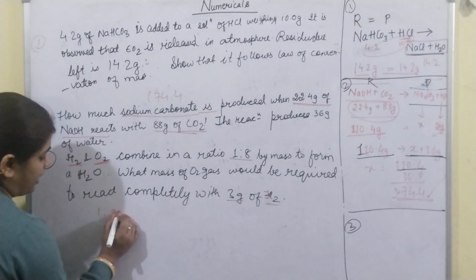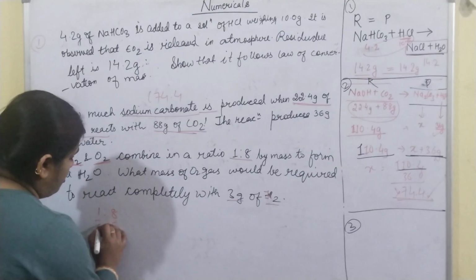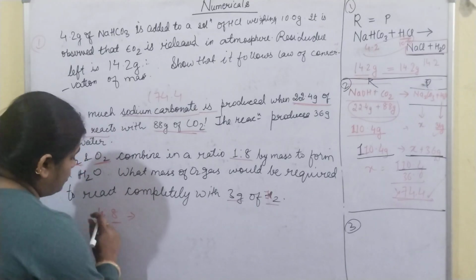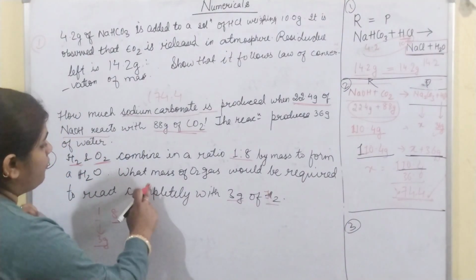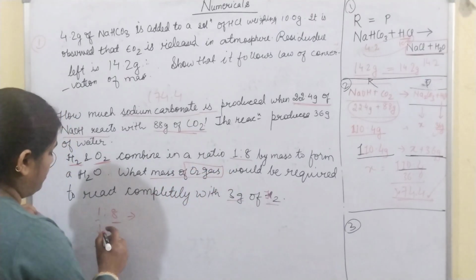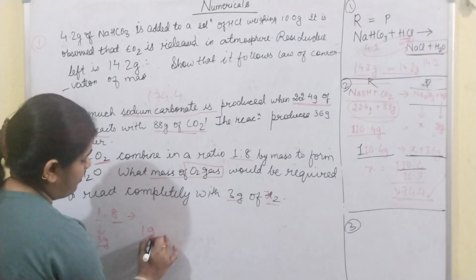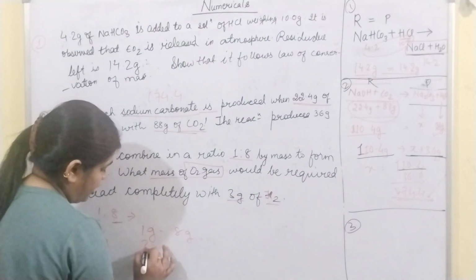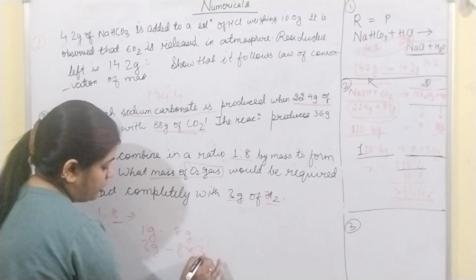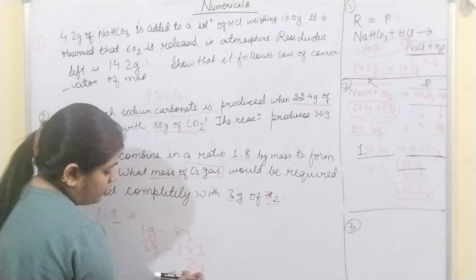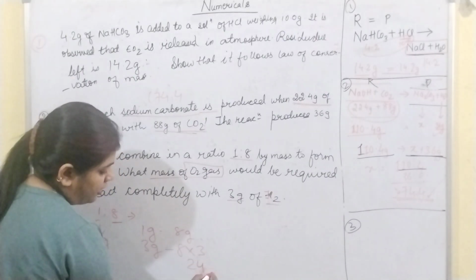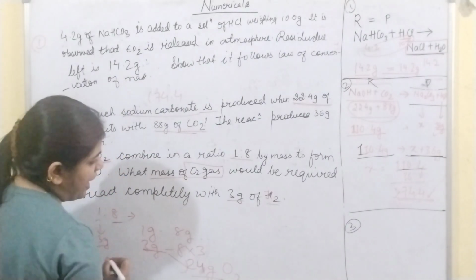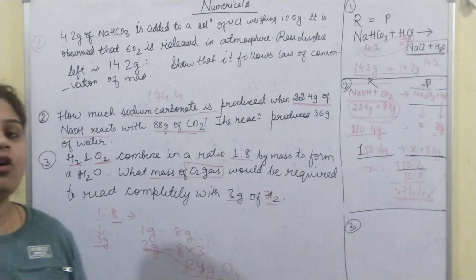The ratio is 1:8, so 1 gram of hydrogen will form 8 gram of oxygen. So 3 gram will form 8 into 3, which is 24. So 3 gram of hydrogen will form 24 gram of O2. The answer will be 24 gram of oxygen.